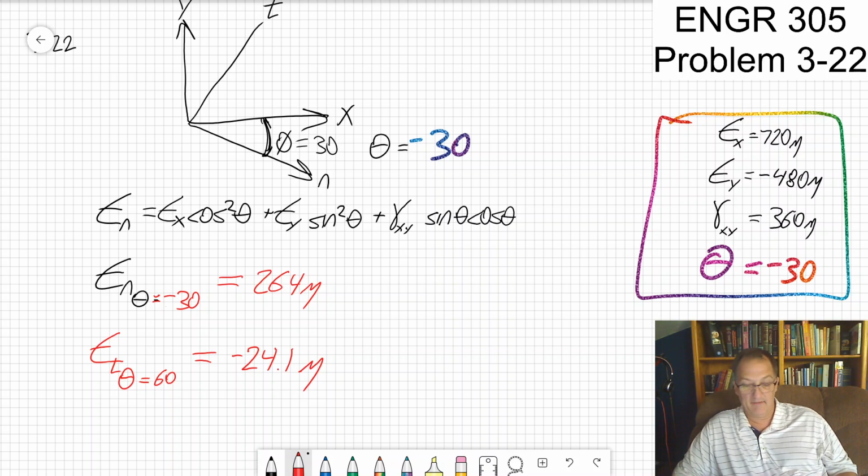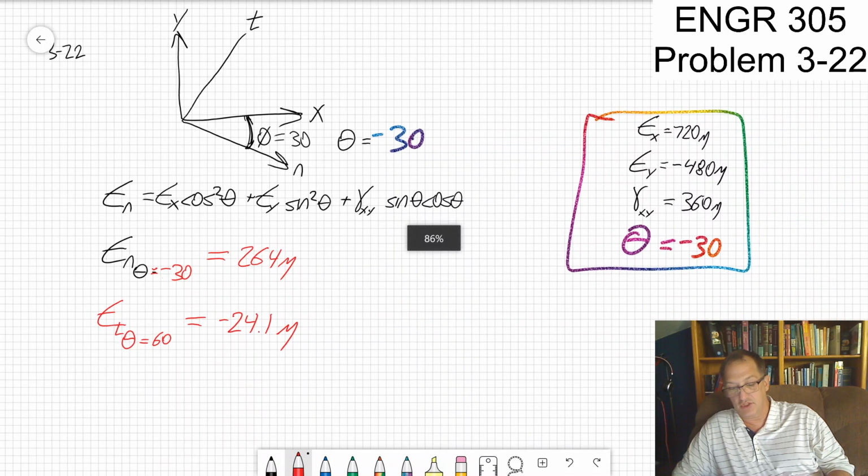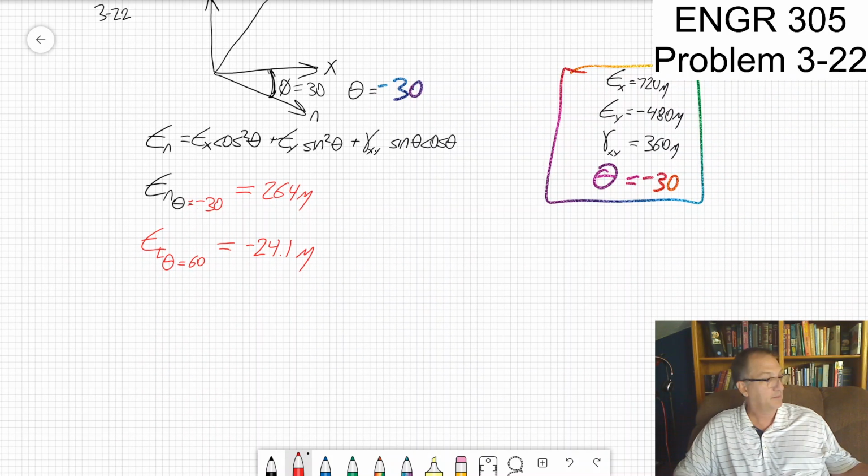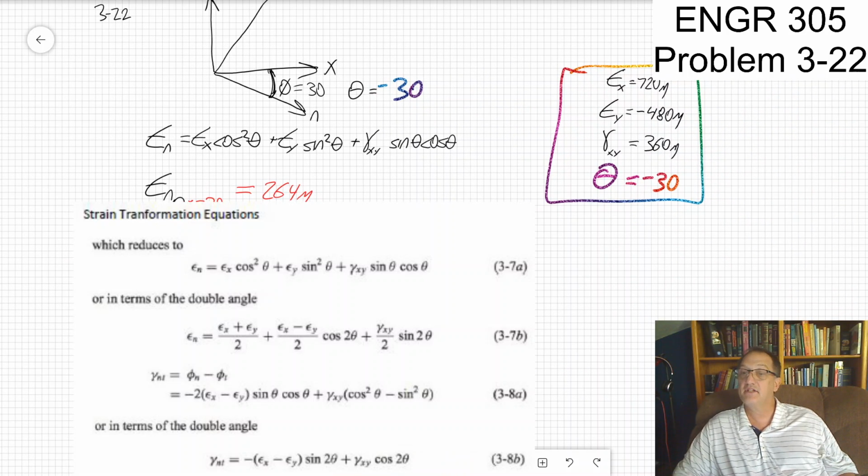And then I've got a different equation for the shear. Let's shrink this and slide it a little bit. Which one of those do you like? I almost like the double angle one.